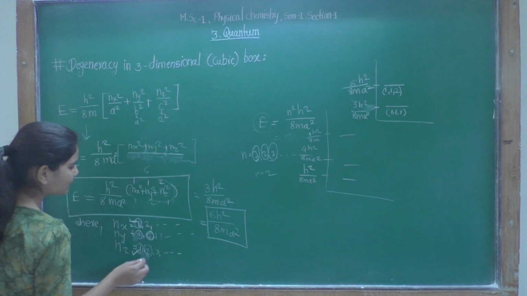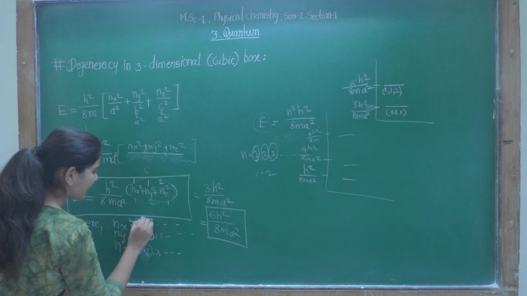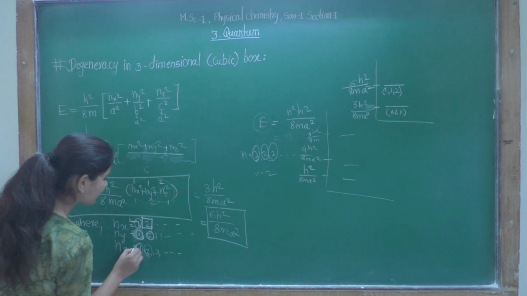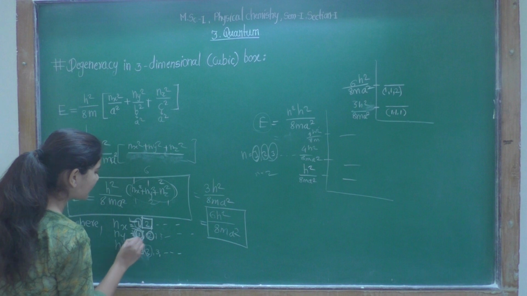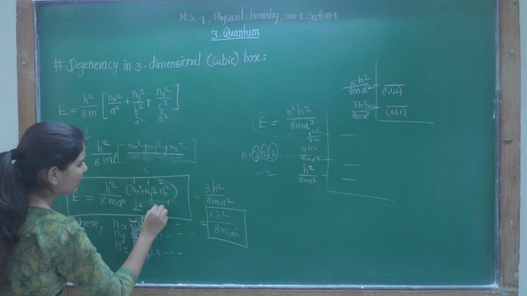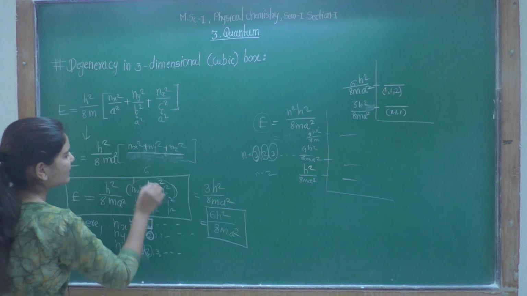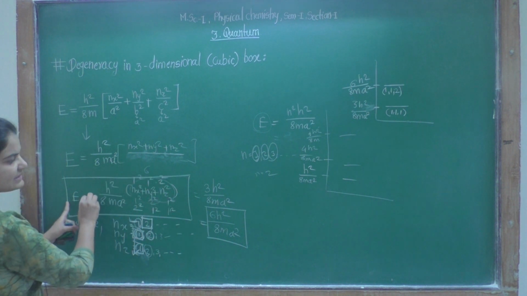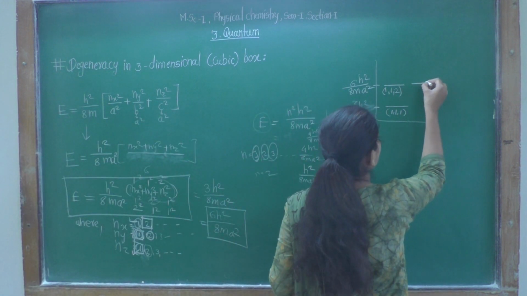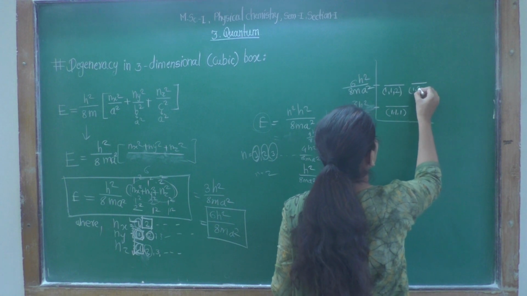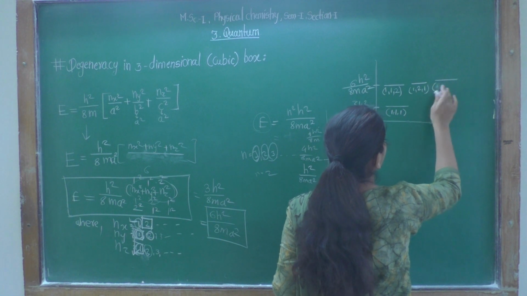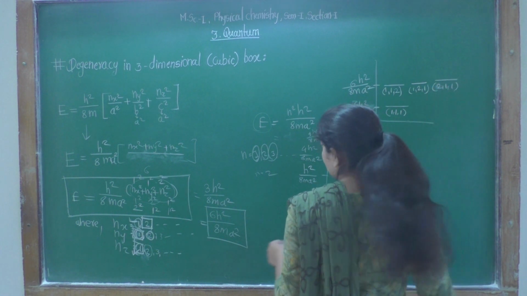Similarly, if nx is 2 now, while ny is 1 and nz is also 1, then we will get 2 square, 1 square, 1 square. Again we will get 6 and again the same energy level. So this value can be achieved by 3 different ways: 1, 1, 2, then 1, 2, 1, and third will be 2, 1, 1, right.